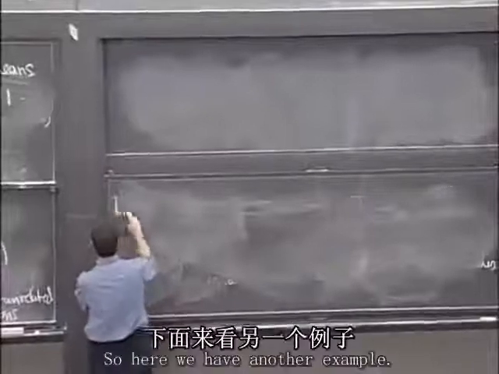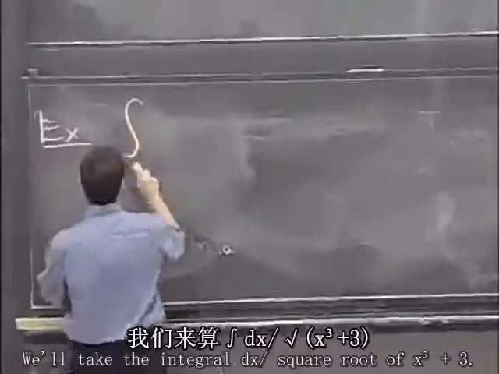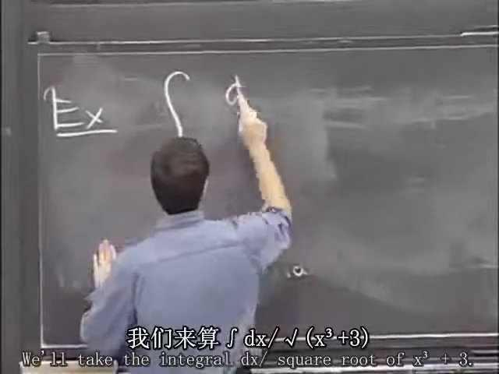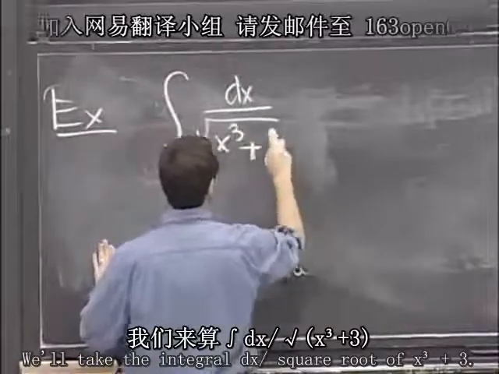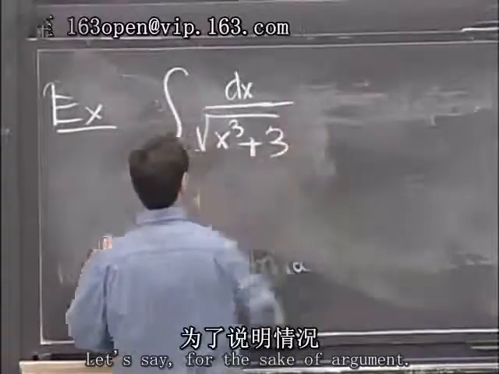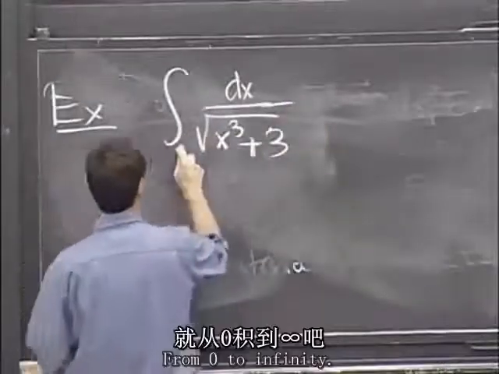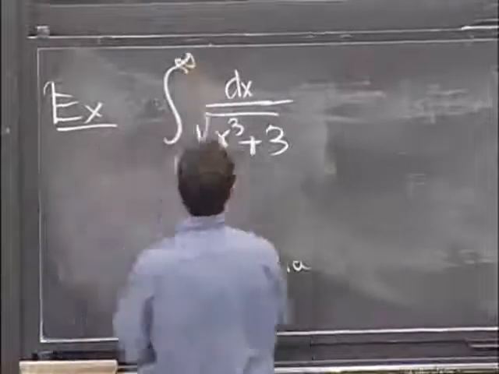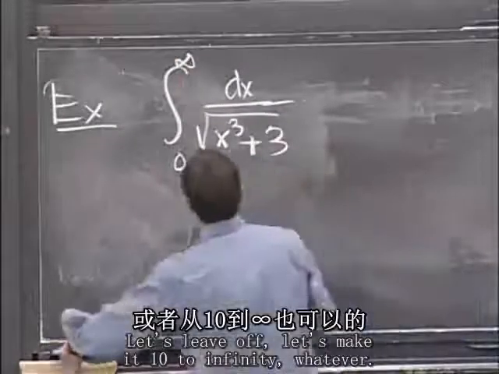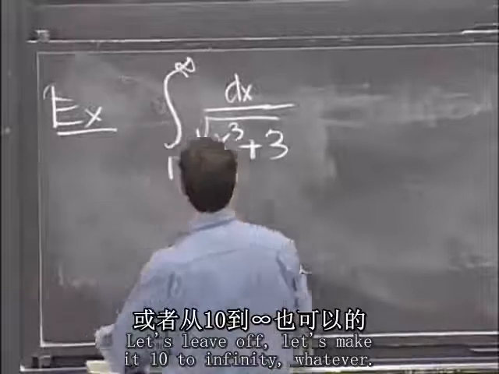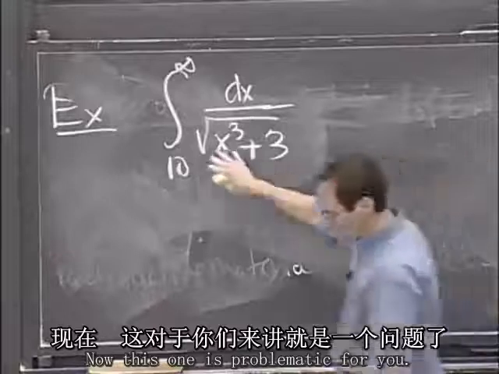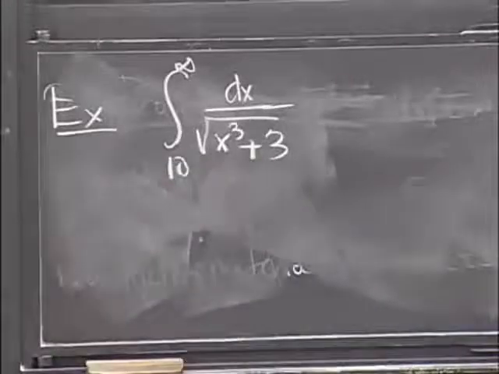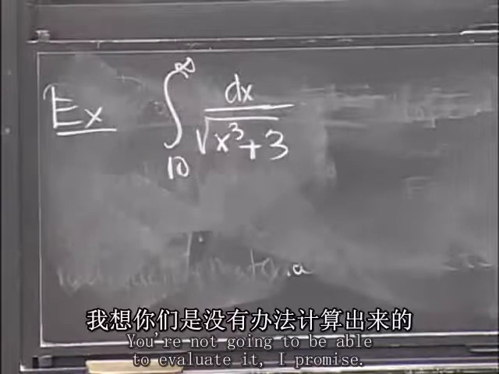So here we have another example. We'll take the integral dx over the square root of x cubed plus 3, let's say, for the sake of argument, from 0 to infinity. Let's make it 10 to infinity, whatever. Now this one is problematic for you. You're not going to be able to evaluate it, I promise.